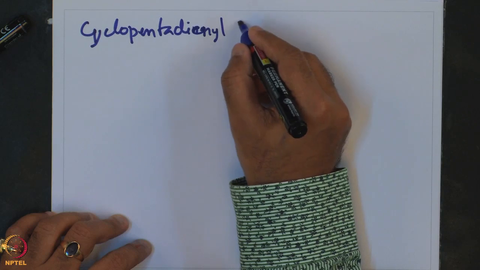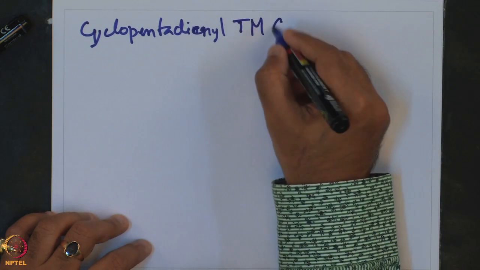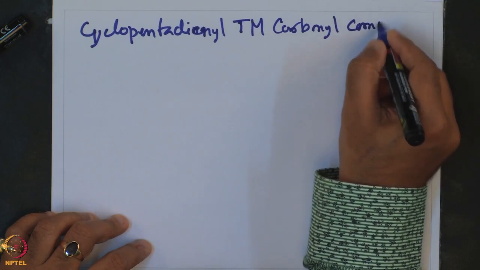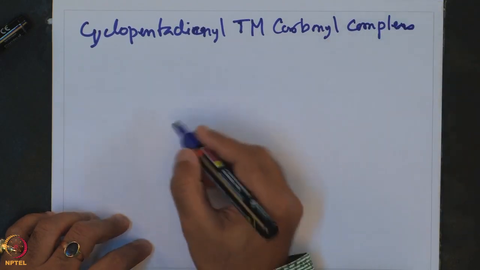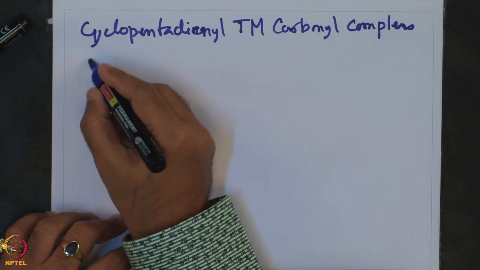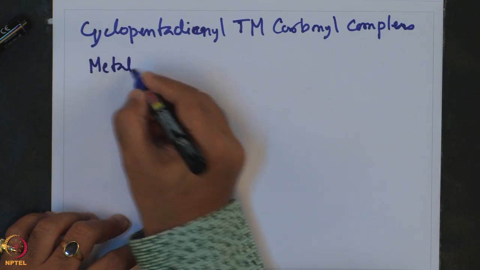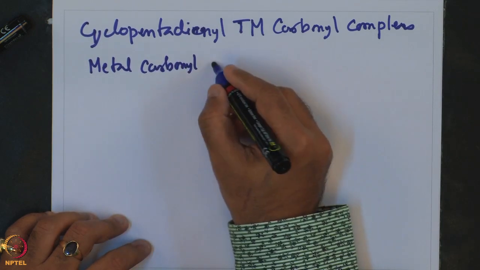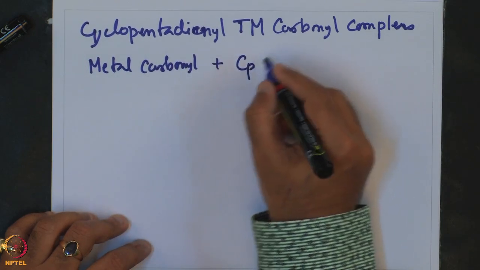Cyclopentadienyl transition metal carbonyl complexes are prepared by metal carbonyl and the Cp ligand.